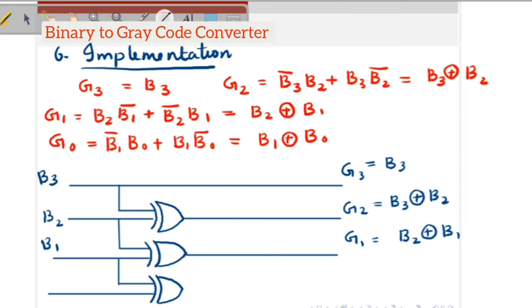So this output is equal to G0. Okay, G0 is equal to B1 XOR B0. So this is B0. Clear? So this is the logic circuit for the binary to gray code converter. Okay? Clear? Thank you.